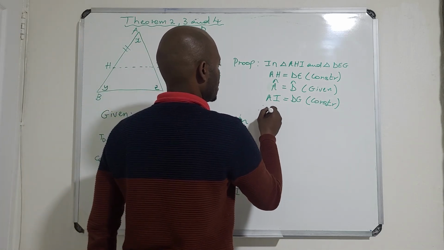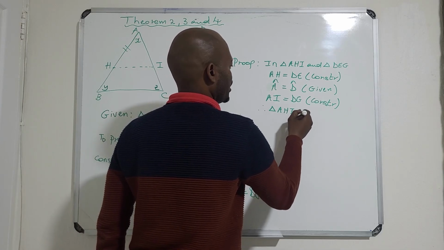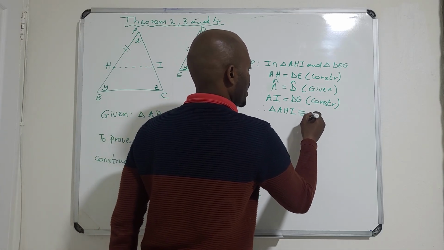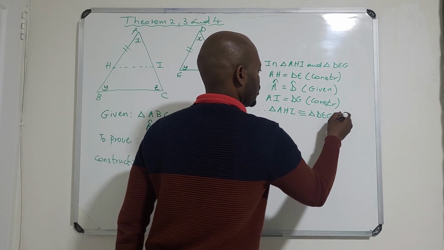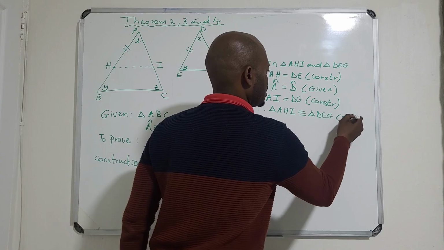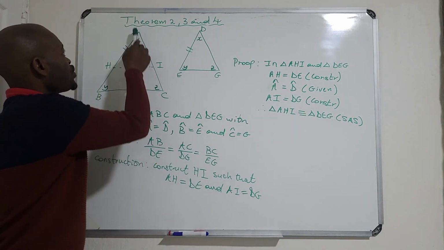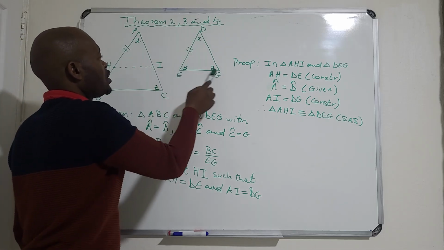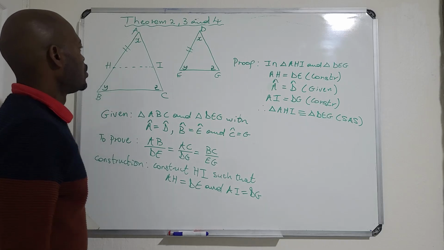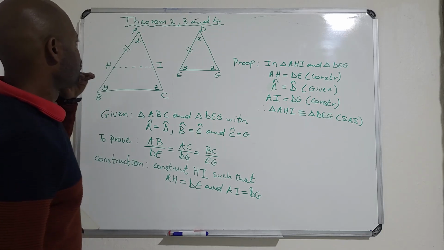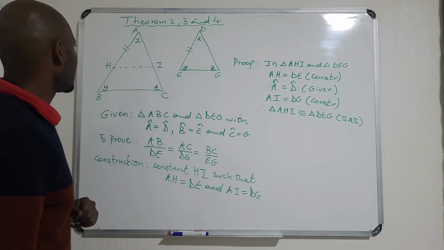Therefore, triangle AHI is congruent to triangle DEG. Reason? Side, angle, side. Since we have proved that this triangle is equal to this triangle, now we can prove that this side is parallel to that side.